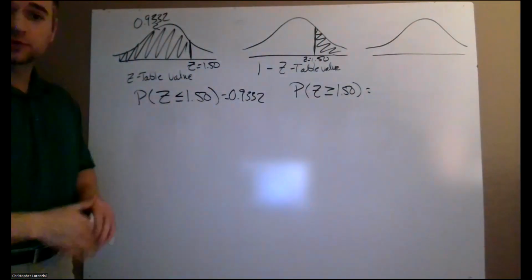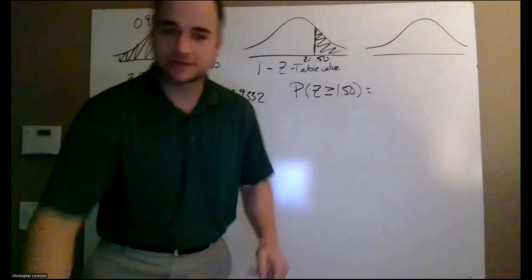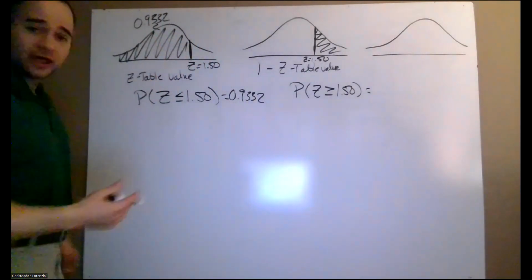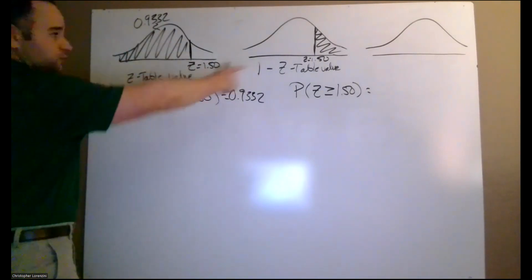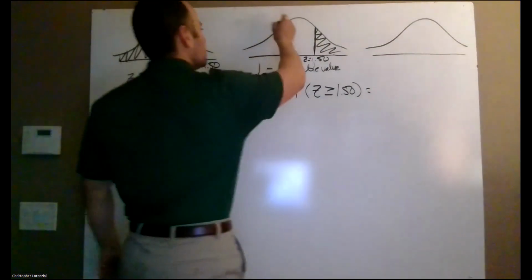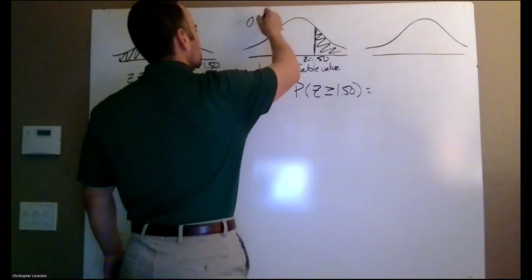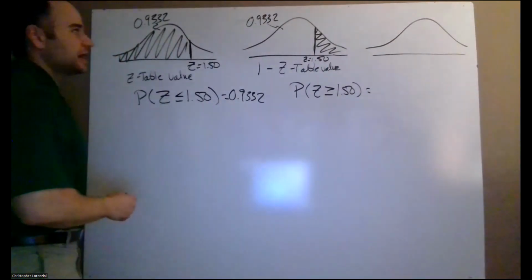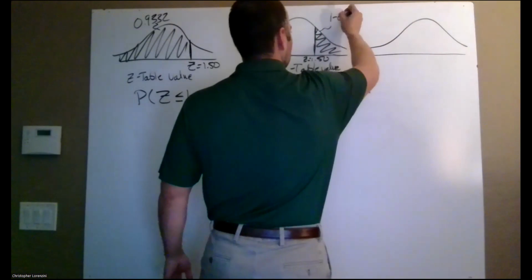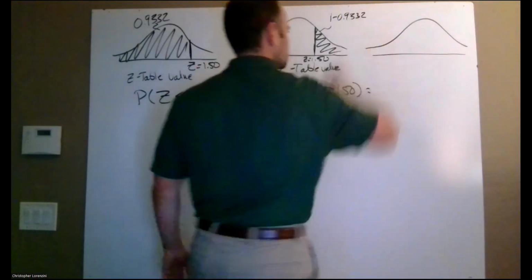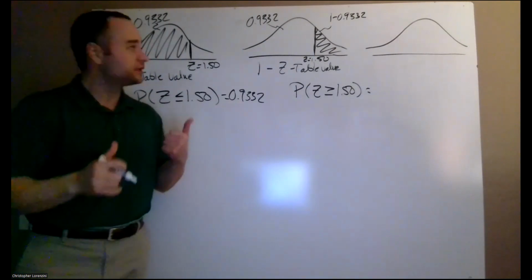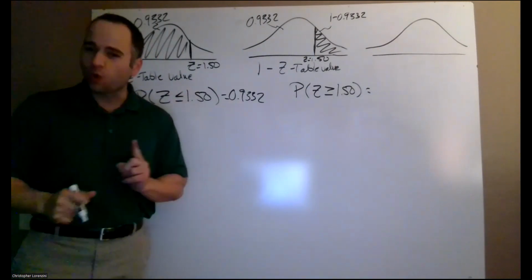So how do I figure this one out? We go back to that table and look up that z value, the area to the left. The area to the left of 1.5 was 0.9332. So I know that this area over here is 0.9332. The area over here will just be 1 minus that value. The total area under the curve of this distribution is 1.